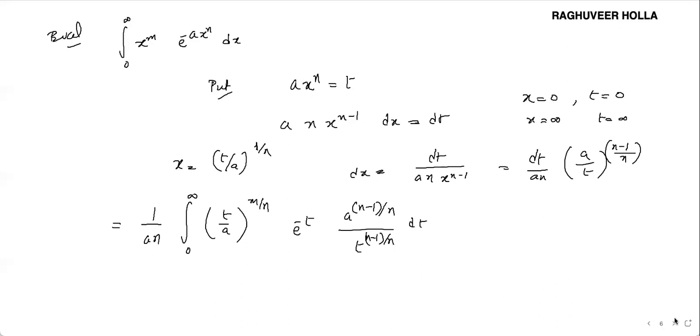Okay, and then this would be 1 by n into a to the power of (m plus 1) divided by n, integral 0 to infinity e to the power of minus t, t to the power of (m plus 1) divided by n minus 1, into dt.